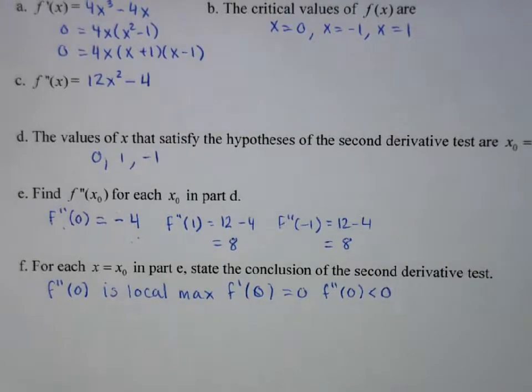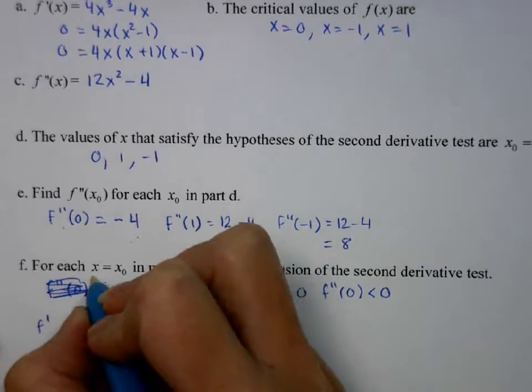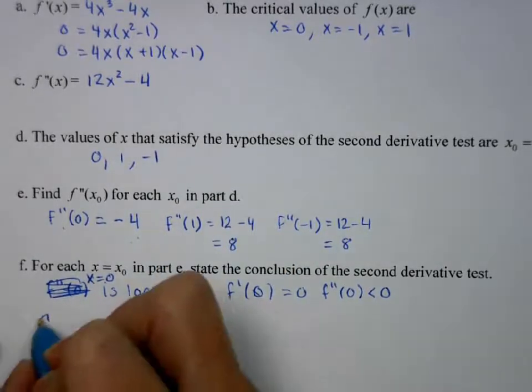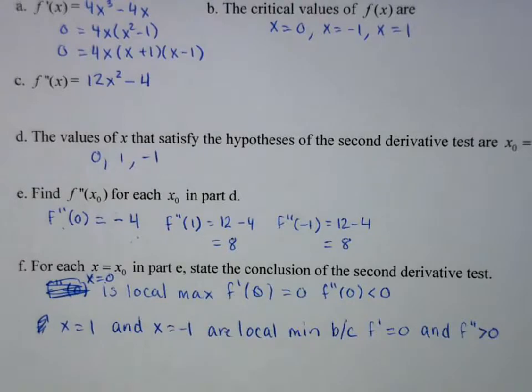Sorry, this should just say x equals 0, not f of 0. X equals 0 is a local max. Then x equals 1 and x equals negative 1 are local mins because the first derivative is 0 and the second derivative is positive.